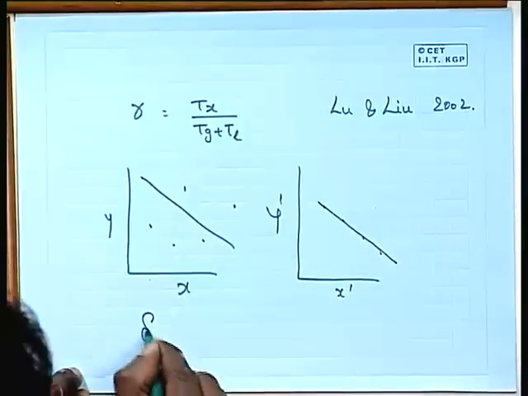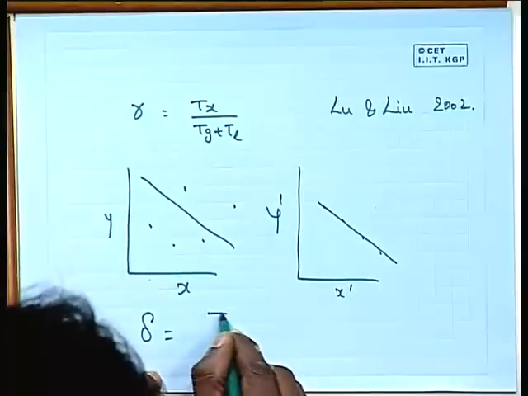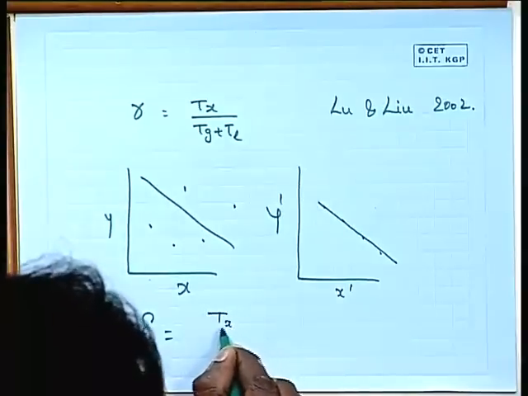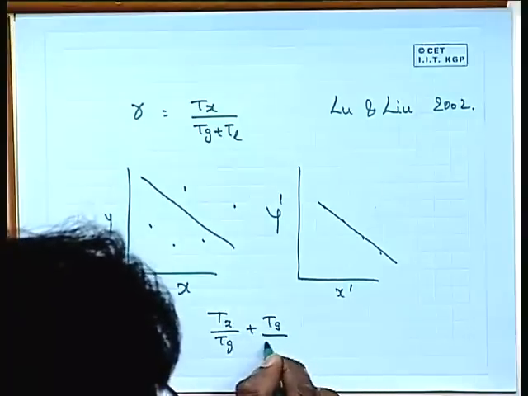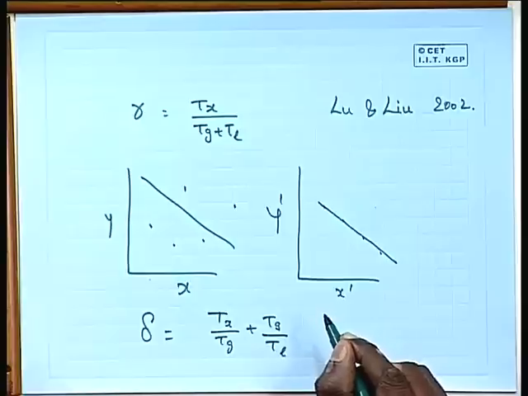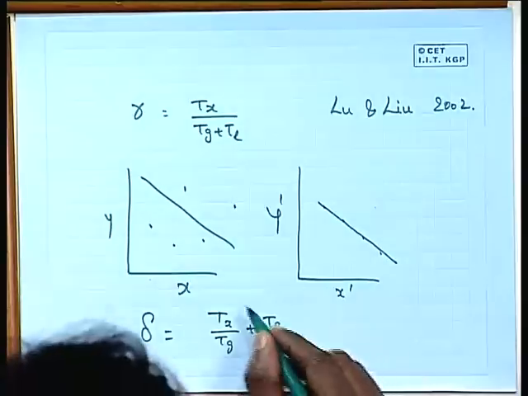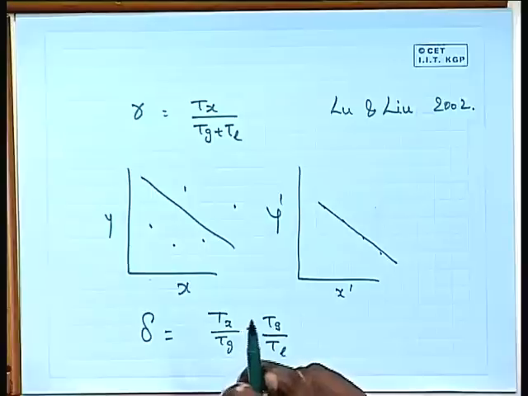So people have found that this parameter is much better, and in fact from our own research we found another parameter which we call the delta parameter, which is nothing but Tx by Tg plus Tg by TL. It is just playing with the parameters, and we found that this gives a much better fit than any of the parameters that have been reported so far.